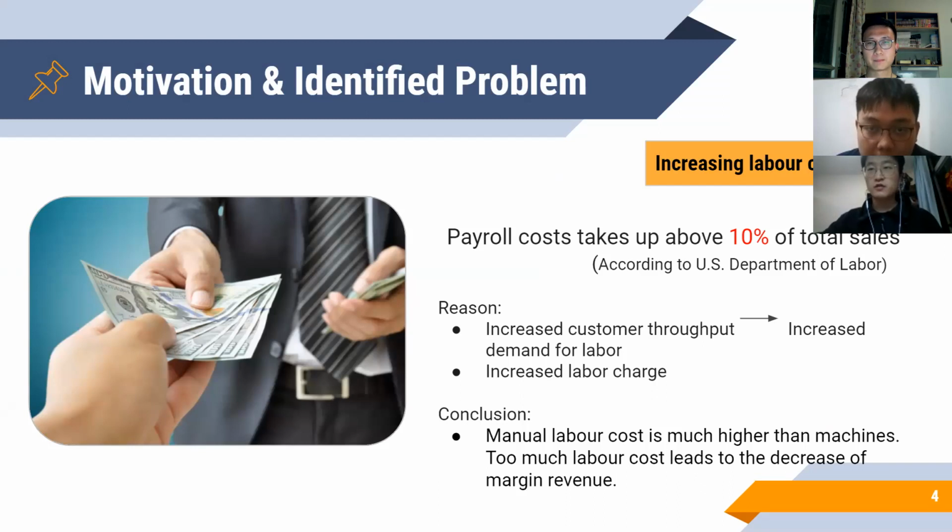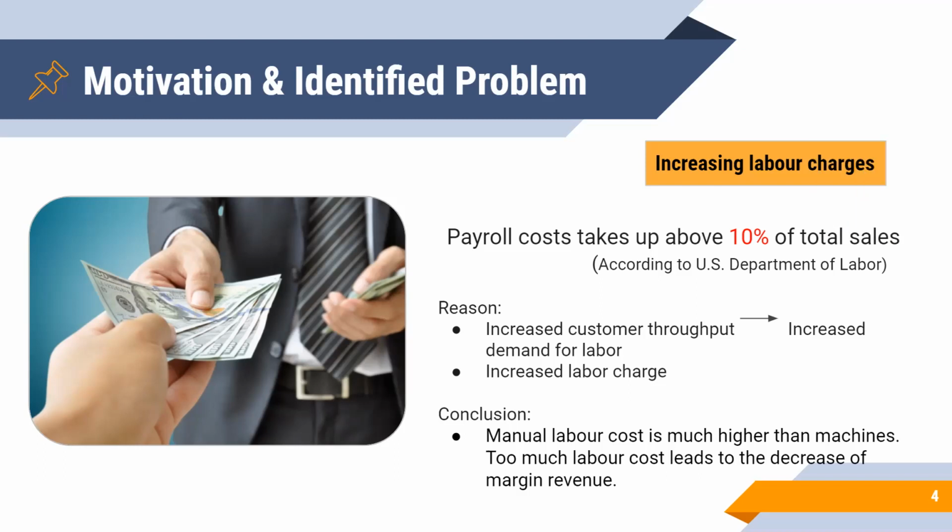The reason is that the supermarket or retail store has to hire more staff to meet the needs of huge customer flow. However, labor charges become more and more expensive nowadays. Manual labor cost is much higher than machine cost, so too much labor cost leads to a decrease in margin revenue.